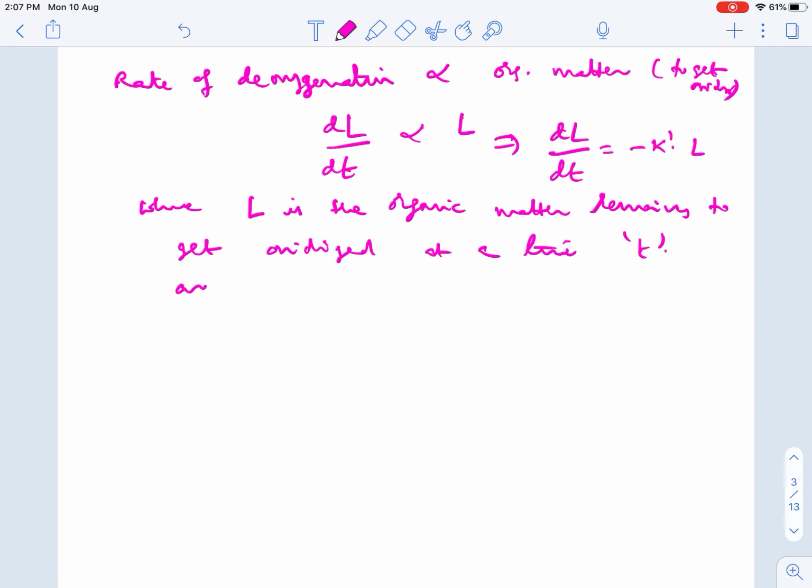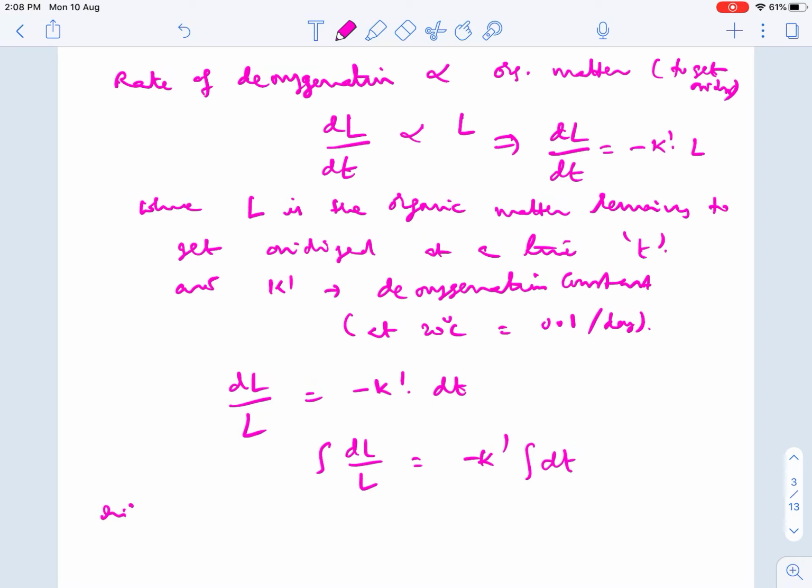So dL by L is equal to minus K dash into dt. Taking integrals on both sides, integral dL by L is equal to minus K dash into integral dt. We use the initial and boundary conditions: at time t equal to 0, L is equal to L naught, and at time t equal to t, L is equal to Lt.